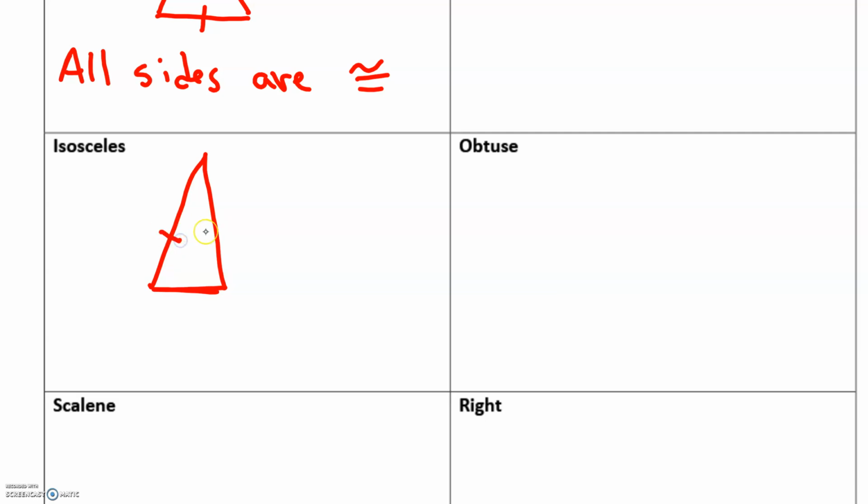I didn't do a very great job drawing it, but those 2 sides would be the same. Maybe I can make a little better one here. Okay, so an isosceles triangle has 2 sides that are congruent. You're writing this all down too. So 2 sides that are congruent, meaning they have the same measure.